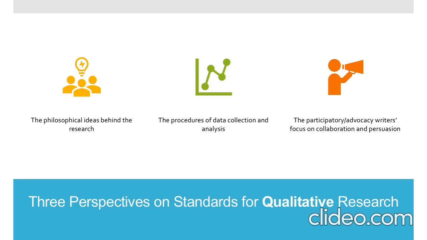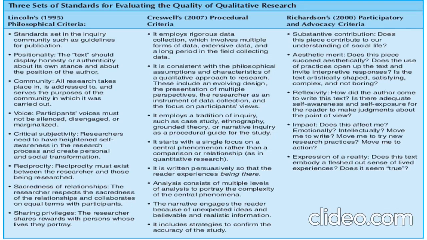As a procedural researcher, you might emphasize the importance of rigorous data collection. And as a participatory writer, you might stress the importance of collaboration. Now, before we talk in detail about these three perspectives, let's examine the three sets of criteria for evaluating qualitative research developed by three authors.